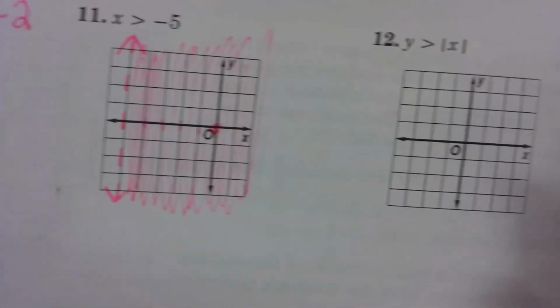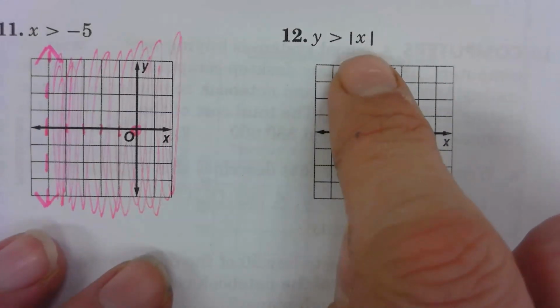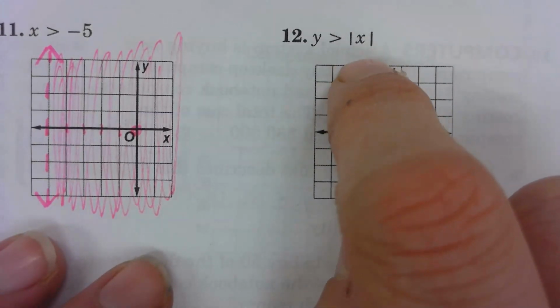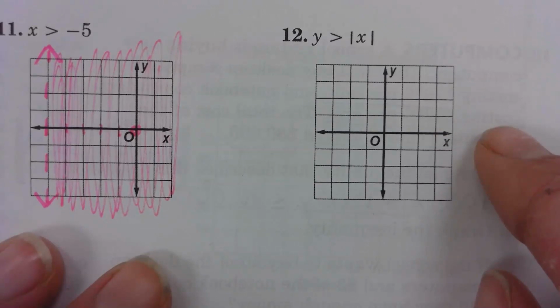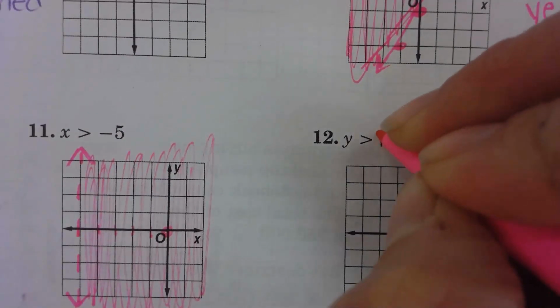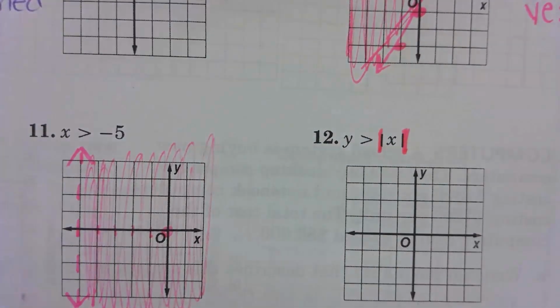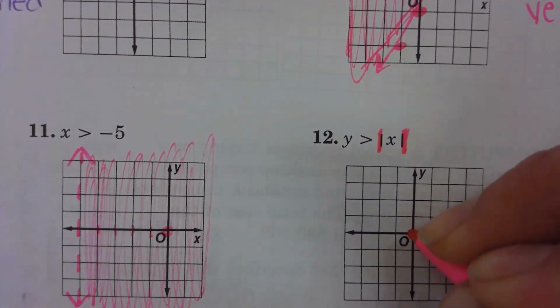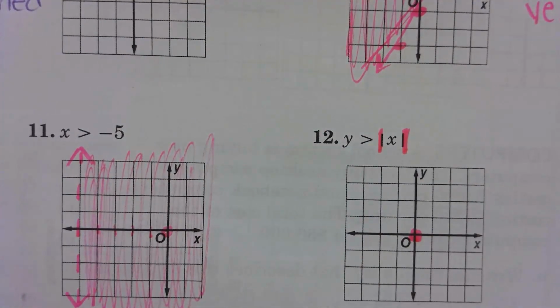Number 12. y is greater than the absolute value of x. So this graph is going to be what shape? A V, because it has the absolute value. What is my vertex? 0. Solid or dashed?